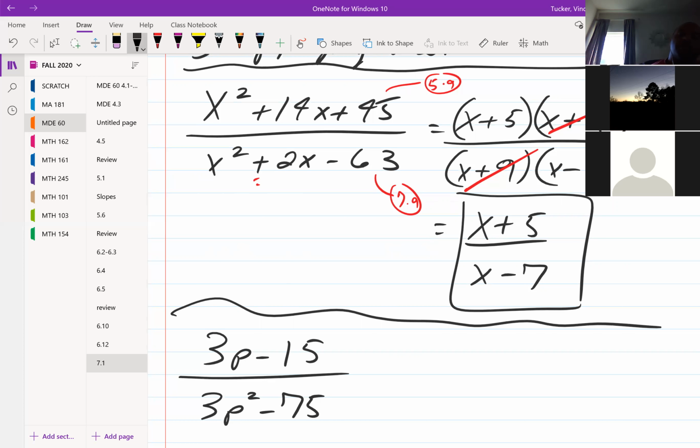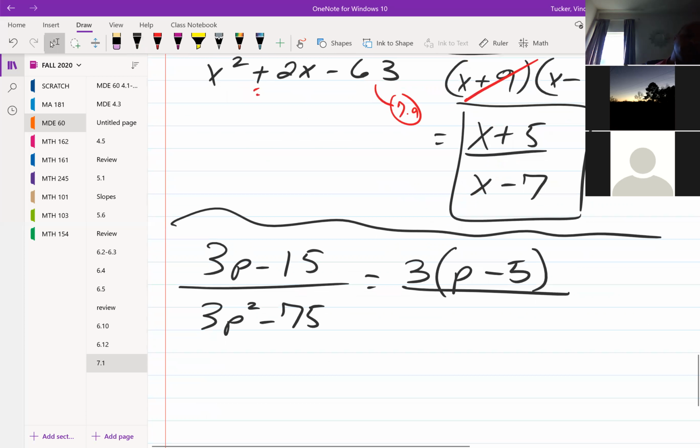All right, do the same, factor completely the numerator and denominator. Looking at that numerator, we can factor out the GCF of 3. So 3p minus 15 will factor out to give us 3 times the quantity of p minus 5. That next one, we can factor out a 3 as well. So out of that 3p squared minus 75, pull the 3 out, you're left with p squared minus 25.